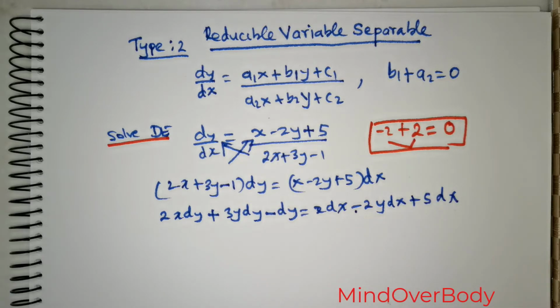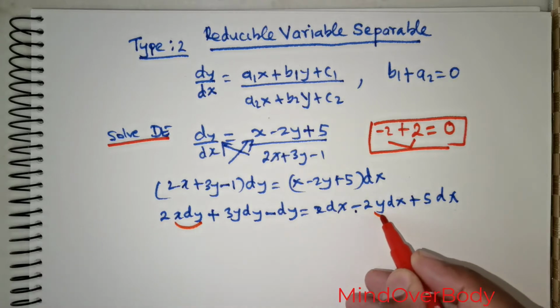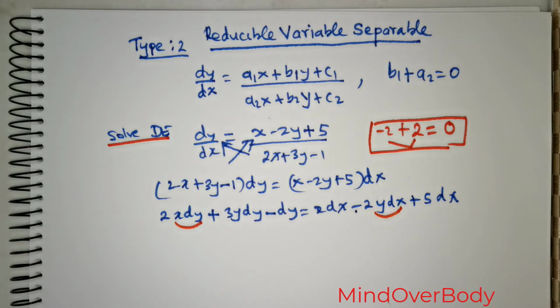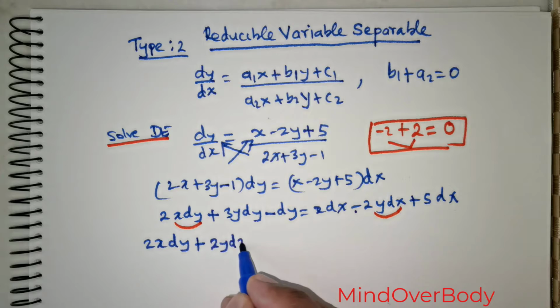Now what we are going to do is club x dy with y dx. Remember this, x dy with y dx. So this is the next step we should do. Always make sure to club x dy with y dx.